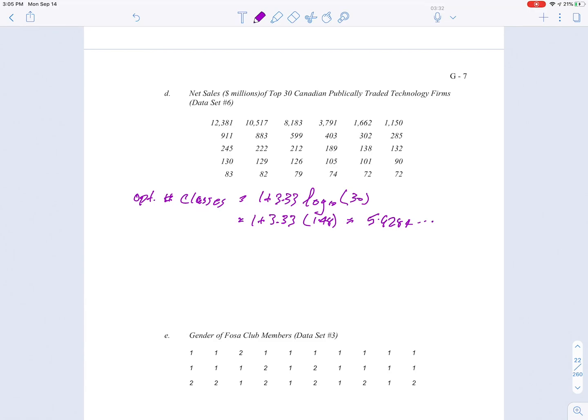And now we're going to come up with the width, the optimal width. It is going to be your high minus your low, that's your range, over the number of classes. So 12,381 minus 72 over 5.928 and so on.